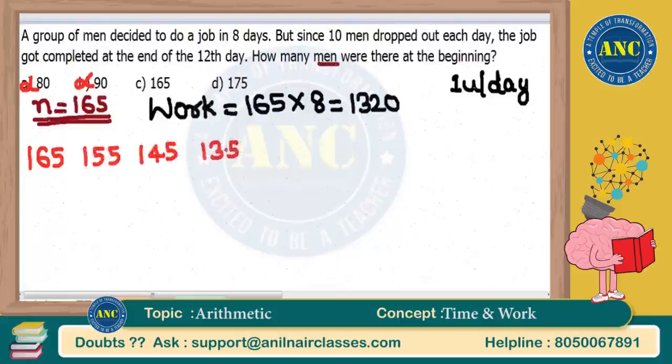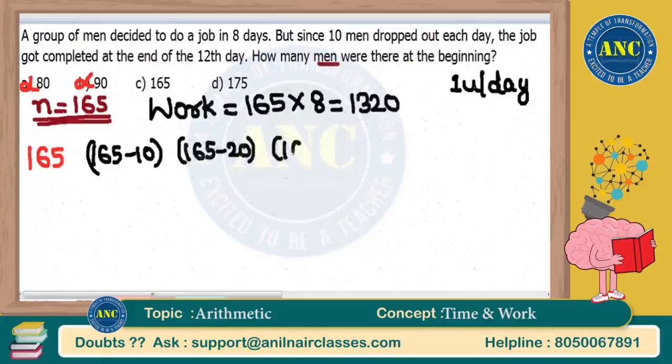Instead of writing like this and wasting time, can I say that the first day it is 165, second day it is 165 minus 10, third day it is 165 minus 20, fourth day it is 165 minus 30. If it is the fourth day it is minus 30, if it is the third day it is minus 20, if it is the 12th day it is minus 11 into 10, that is 110.